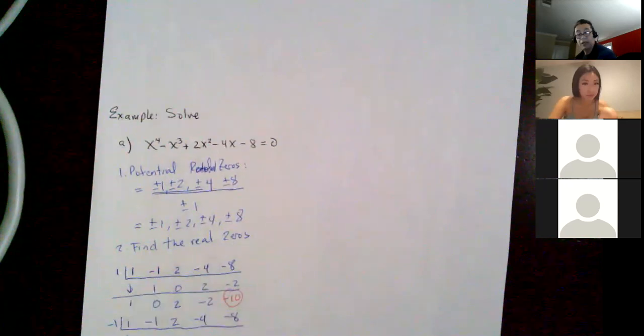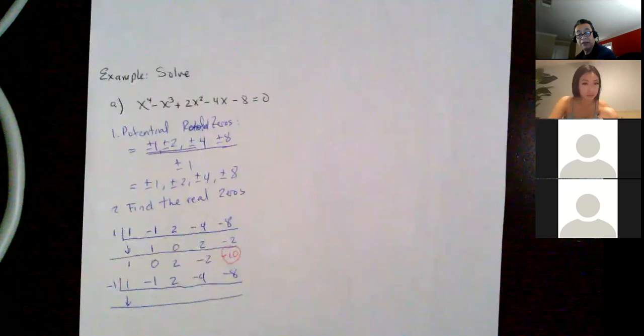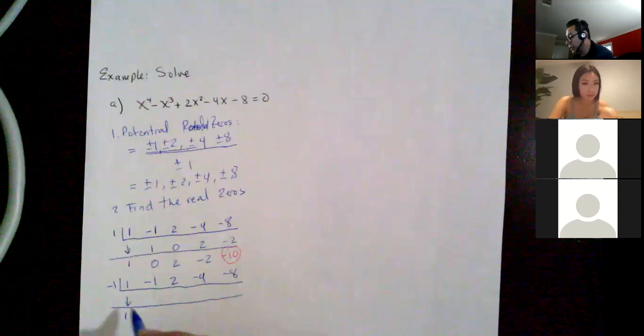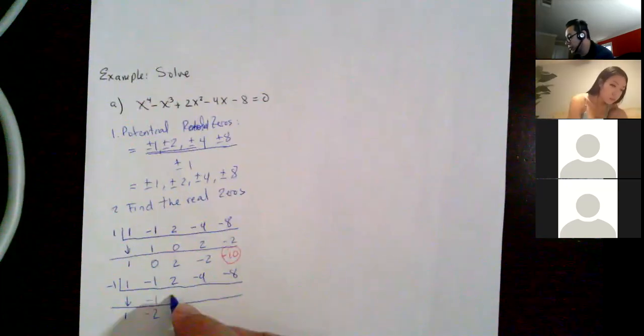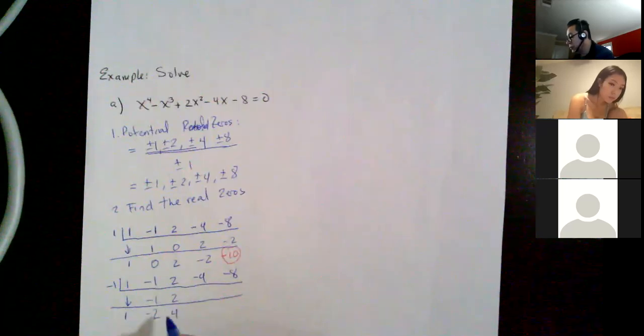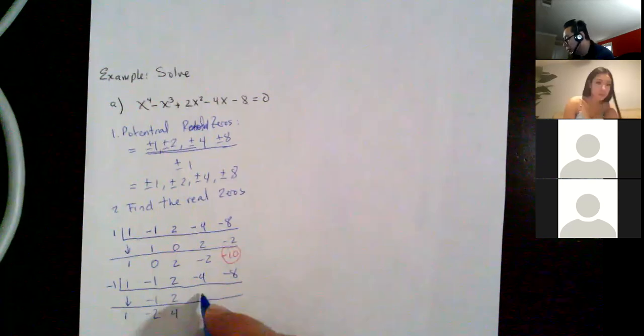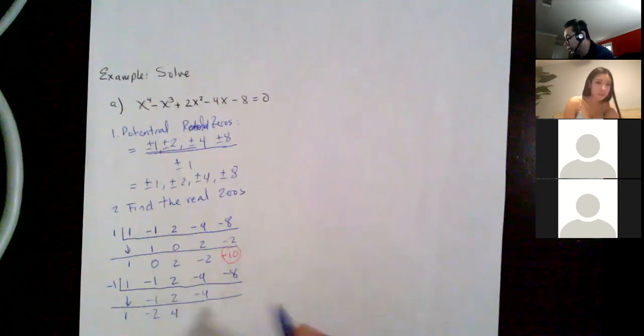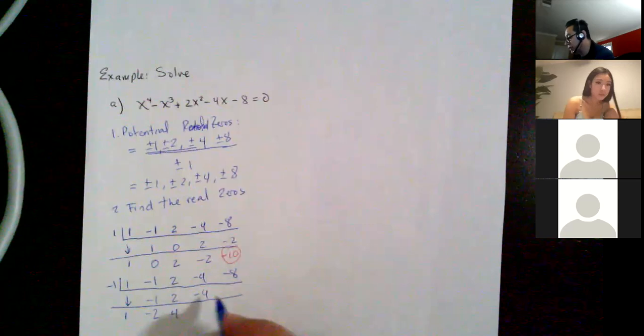Very good. All right. So let's try -1 really quick. -1 times 1 is -1. -1 minus 1 is -2. -1 times -2 is +2. 2 plus 2 is 4. -1 times 4 is negative 4. Negative 4 minus 4 is negative 8.